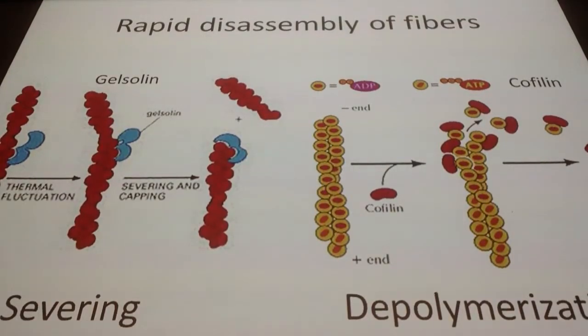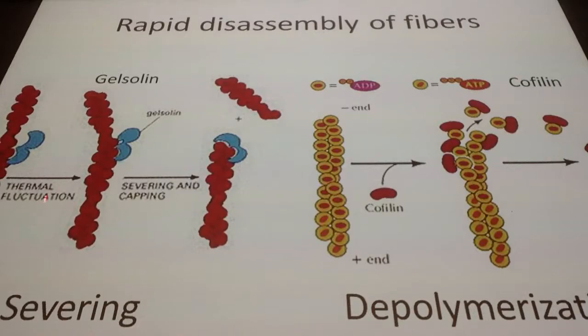Cofilin is a protein that goes in and literally rips out one G-actin at a time from the end to carry out depolymerization. Cofilin can work at either the minus end or the plus end, and how does cofilin know which end to depolymerize? We'll talk about that in 2 minutes, okay?